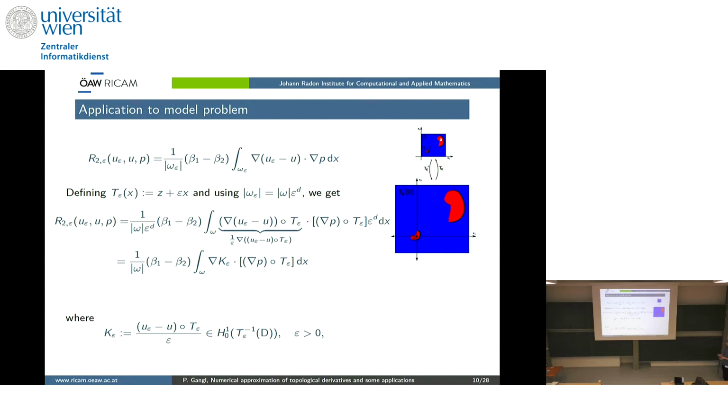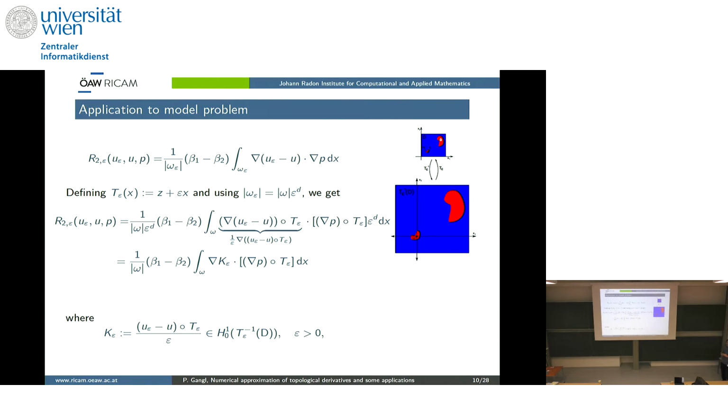And then rewriting this, we can rewrite it in this form, where we introduce the quantity that I call k epsilon. And k epsilon is now the variation of the state variable u epsilon minus u0 after rescaling and division by epsilon. Okay, so R2 can be rewritten in this form.